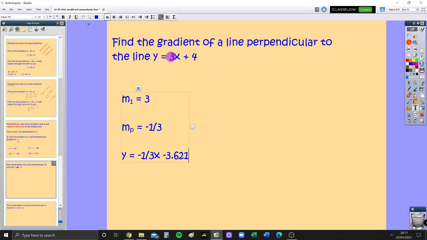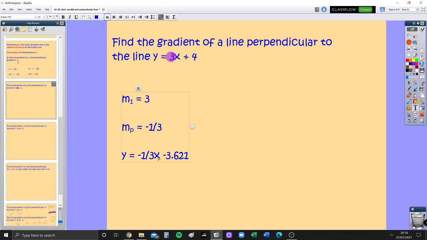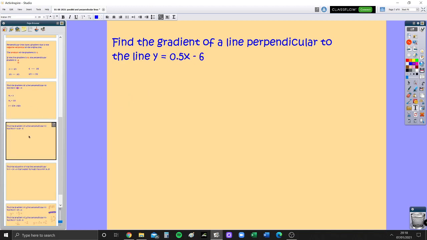So not being pernickety and putting a decimal in. It's still going to be a gradient perpendicular to it. Obviously, we've got a little step before. We've got the gradient first, and we found any perpendicular line to it. Just the gradient, -1/3, is what we're after for our final answer. We've just gone a little bit further and gone the route of getting the full line equation in.